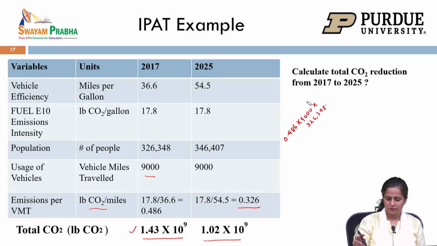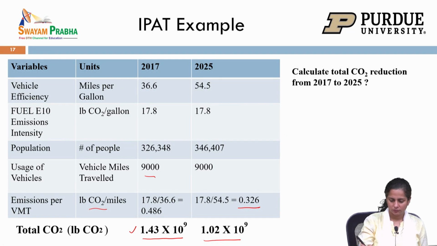Because if you look at the equation, it is population times the A, which will be your emissions, which is the number of miles travelled, and then we have LbCO2 per mile, which is basically the 0.4, or the technology part here.